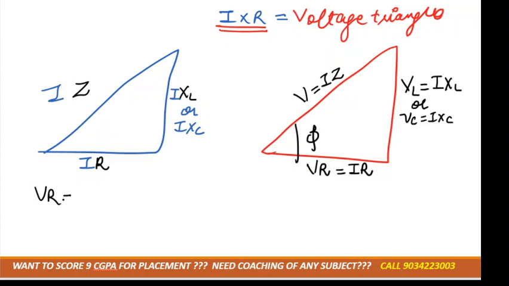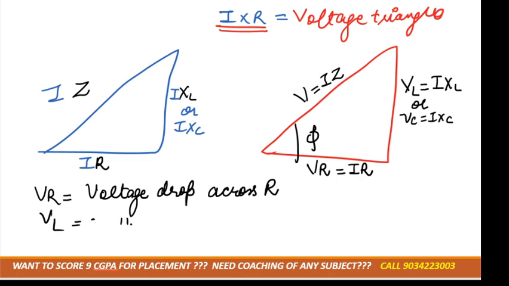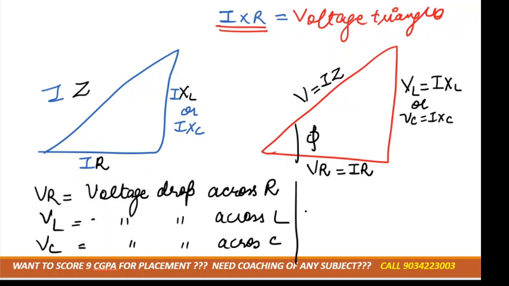You can write down also, VR is the voltage drop across the resistor. VL is the voltage drop across the inductor. VC is the voltage drop across the capacitor, right? VR formula is I into R, VL formula is I into XL, and VC formula is I into XC.